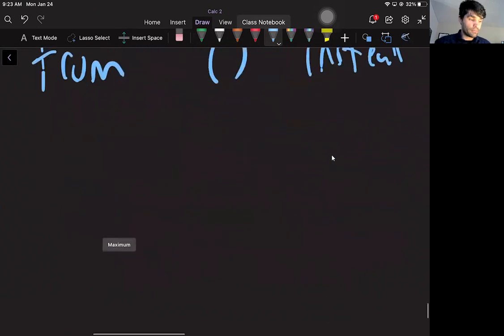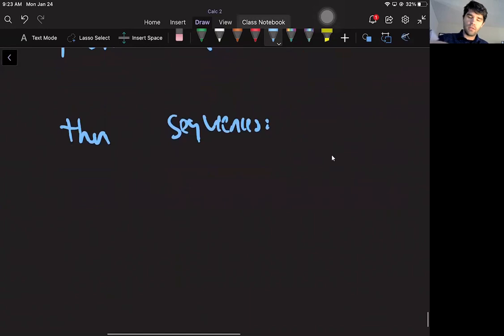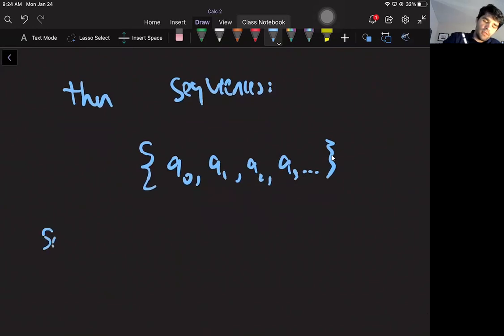So then the sequences look like this. The first term is A0 instead of A1. And then the second term would be A1 and the third term would be A2. So it can get a bit confusing if you're not used to thinking this way, but sometimes it makes the formulas nicer.